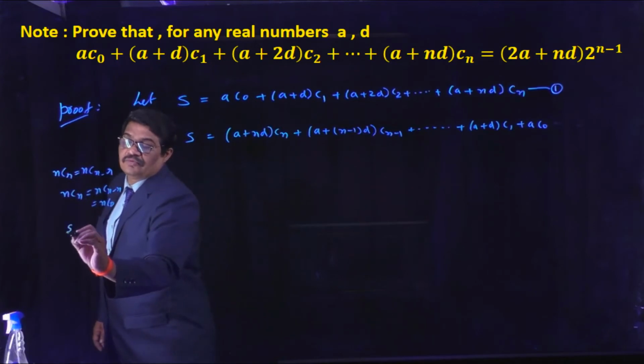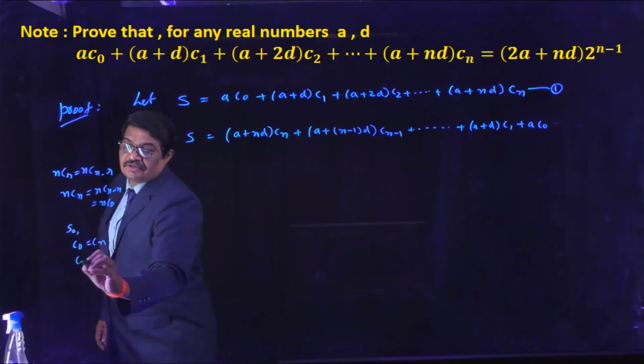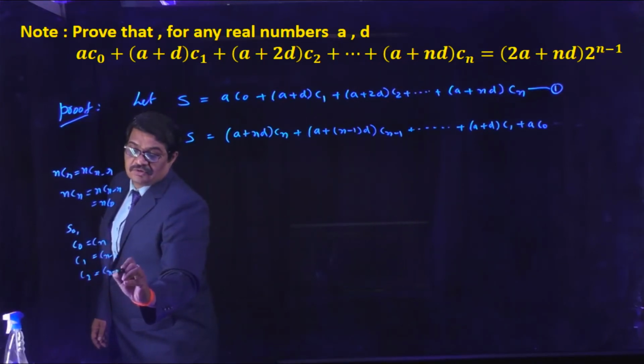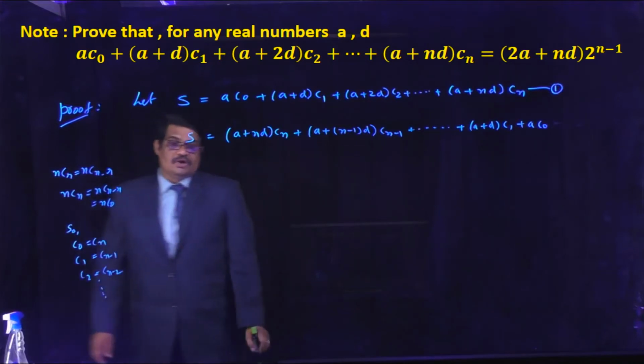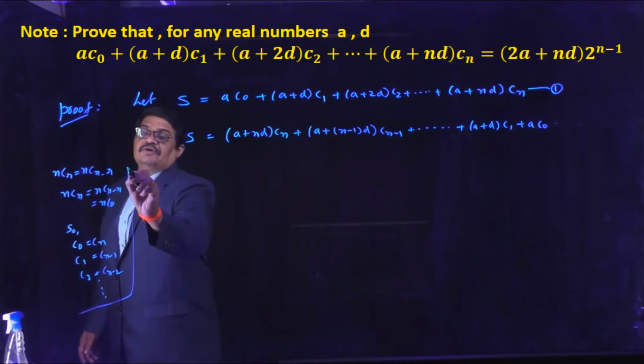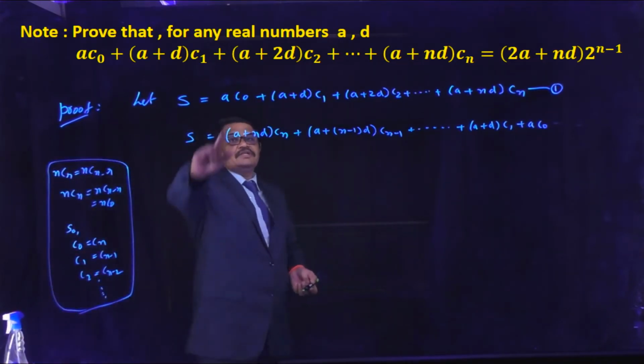So C naught is equal to Cn, C1 is equal to Cn minus 1, C2 is equal to Cn minus 2 and so on. This is the concept. Here the first terms and last terms are equal. Now we write Cn as C naught.